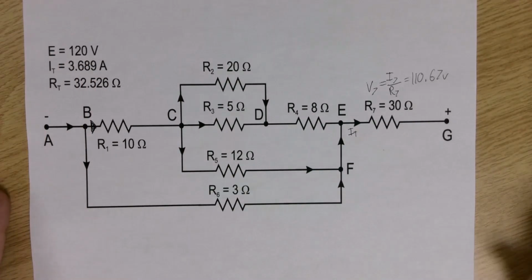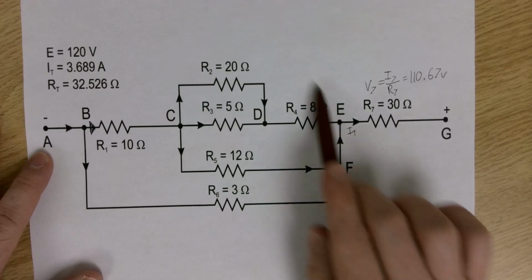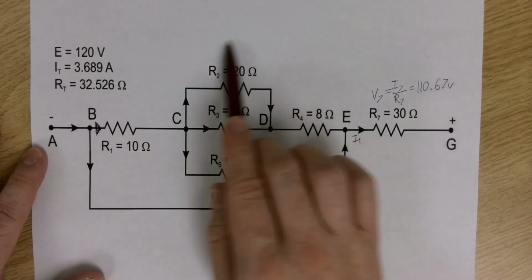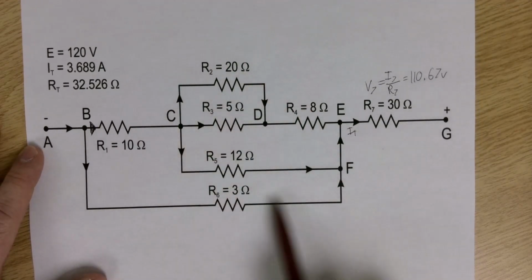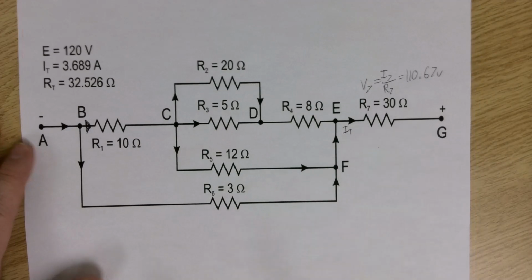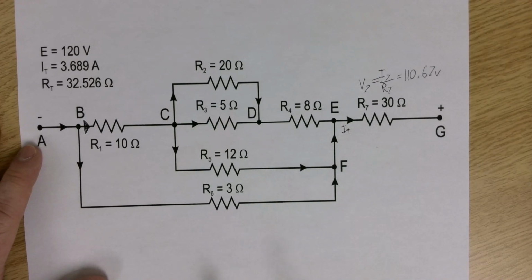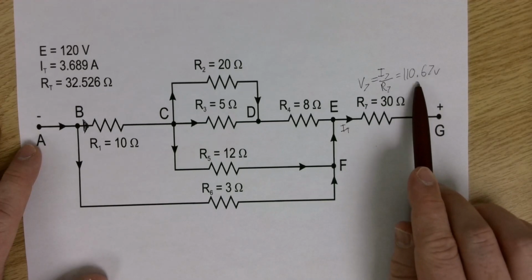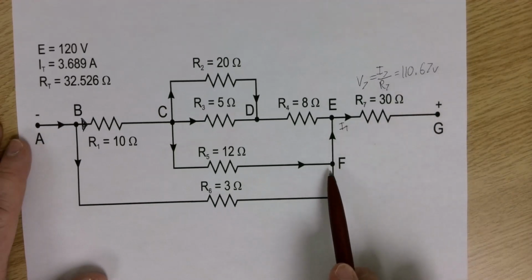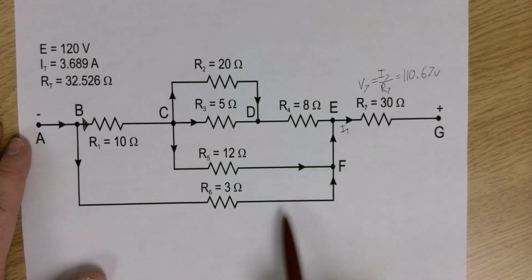So if I go big picture and just look at the whole circuit, I know that R7 is in series with everything else. From R1 to R6, this whole part of the circuit is in series with R7, which means whatever 120 minus 110.67 is, that value gets dropped across this whole part of the circuit.